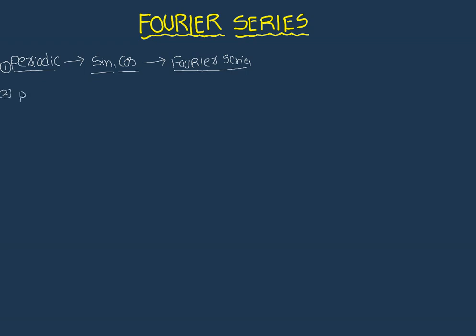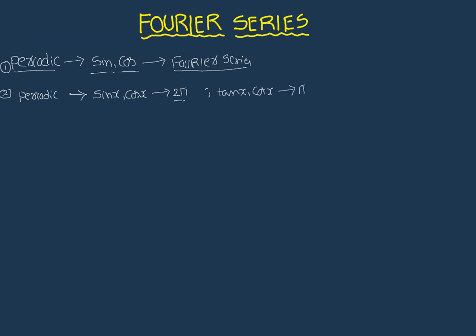We will discuss periodic functions. Let us consider some examples. sin x and cos x are periodic functions with a period 2 pi. Similarly, tan x and cot x are periodic functions with a period pi.